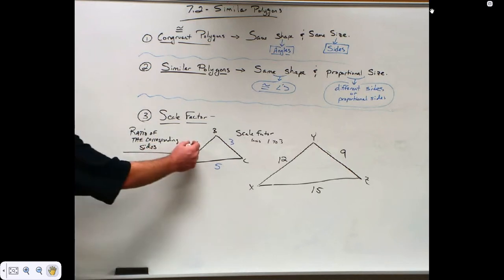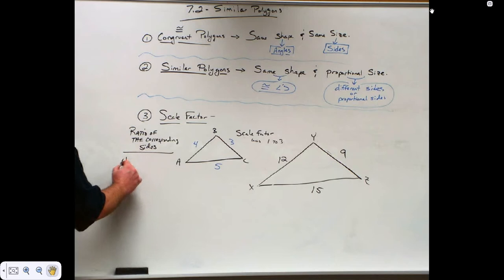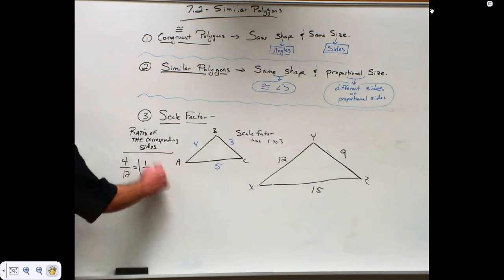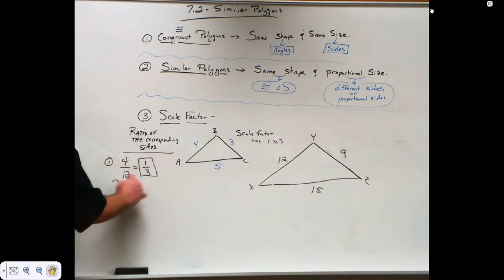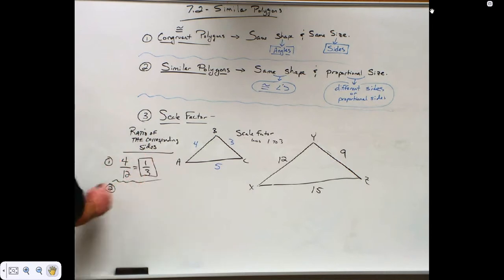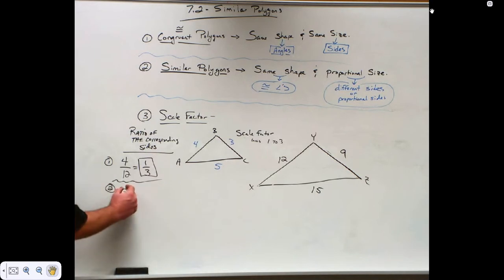Well, what one corresponds to this one? 4 over what? 12. What does that reduce to? 3 over 1. Or 1 over 3. 1/3. I was getting there. Let's do another set of sides. Which one do you want to do next? 5 over 15.